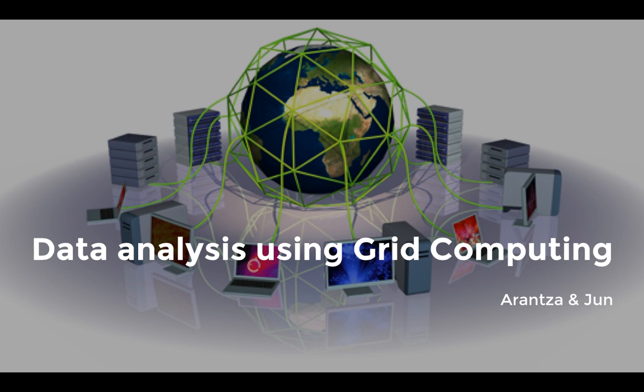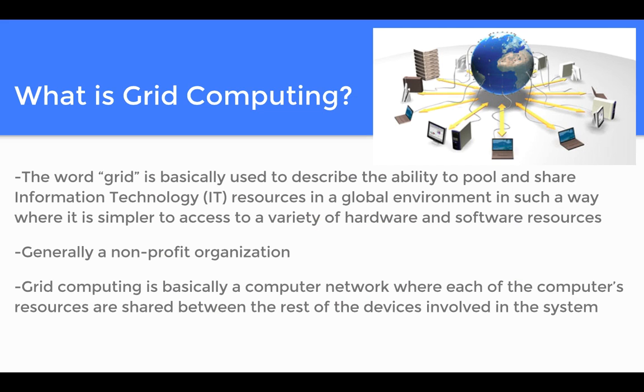So, first of all, let's start by defining the concept. What is grid computing? The word grid is basically used to describe the ability to share information technology resources in a global environment in such a way where it is much simpler to access a variety of hardware and software resources.